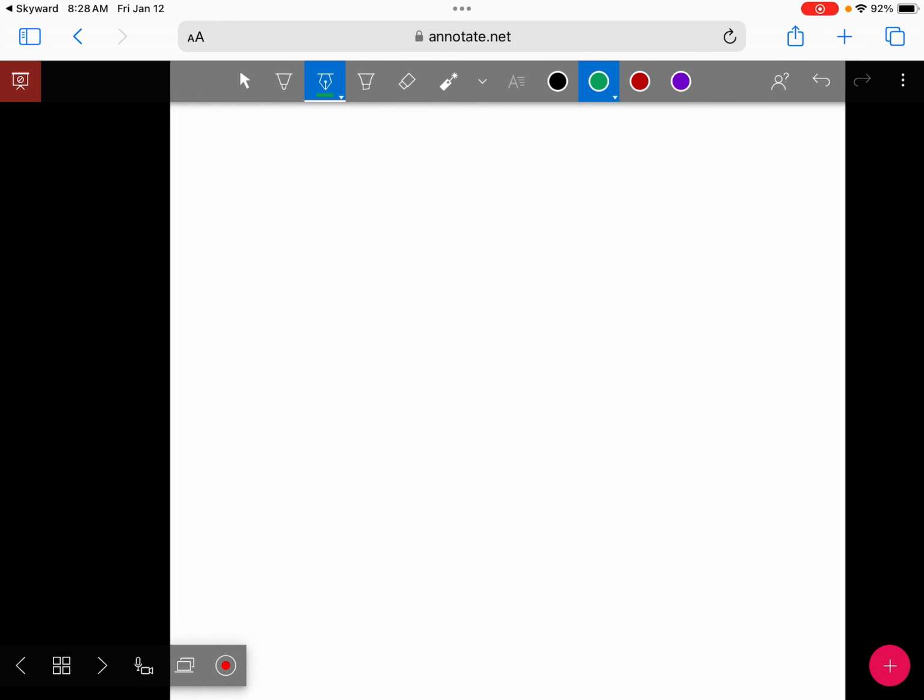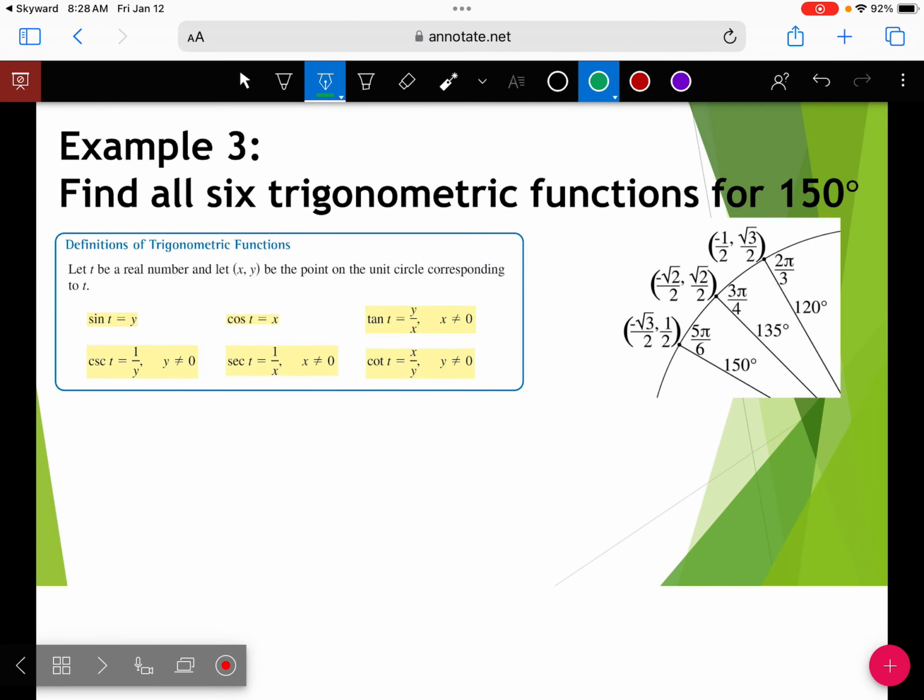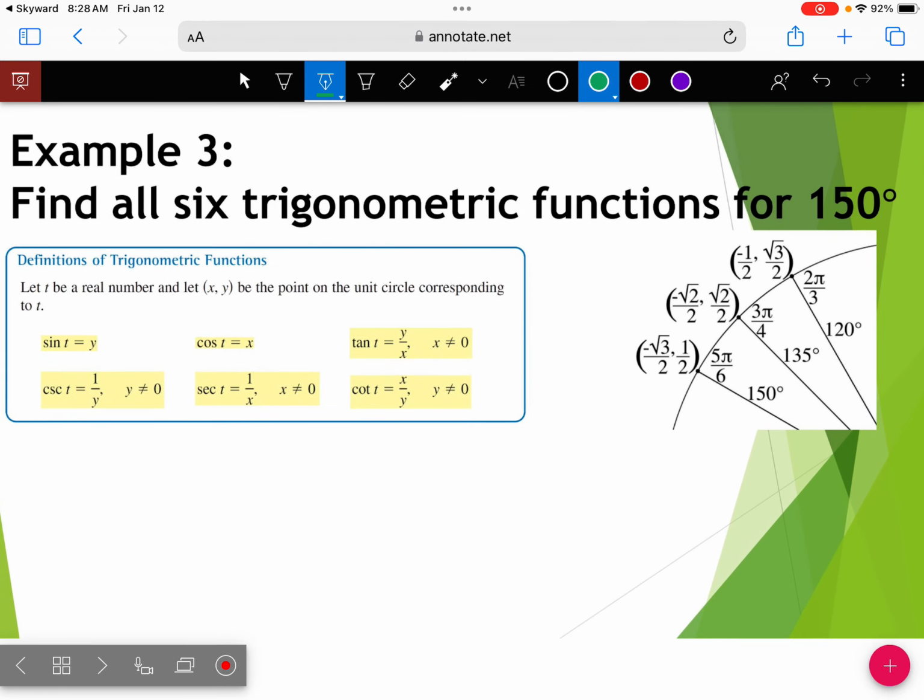All right, so let's go ahead and copy this one down. Now we're moving to quadrant 2. So that means some of your answers will be positive and some of your answers will be negative. So I'm going to give you a few moments to work through it with a partner or by yourself, and then we'll talk about it together.